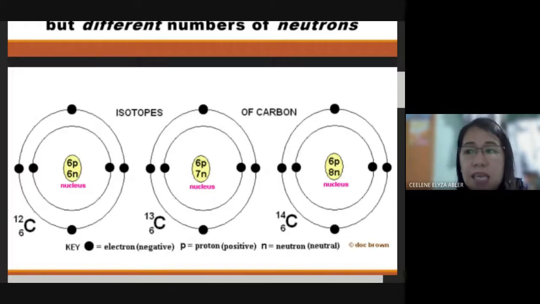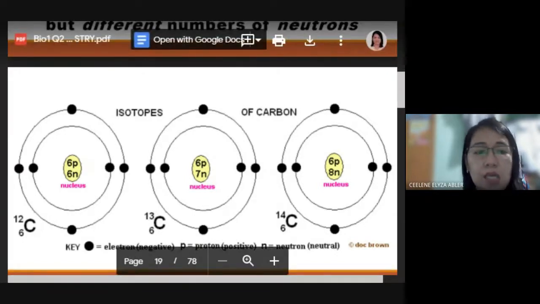But ang decaying kasi niya is measured in half-life. So it's in several years or millions of years. Yun siya ang kanyang half-life. So ganun ang measurement niyan. But here we notice that sa nucleus niya, meron tayong 6 protons and stable siya throughout.